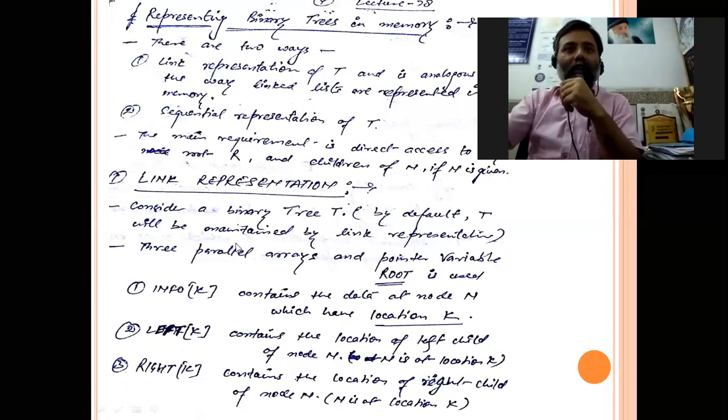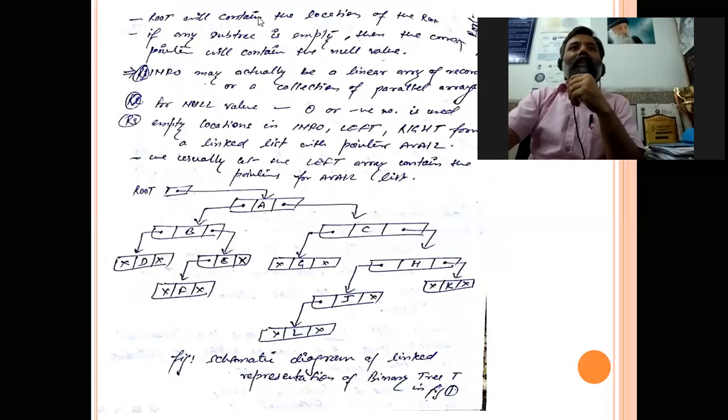So we can have three parallel arrays. This is one way, and we can use dynamic memory allocation also. This is the data field, this is the link for the left subtree, and this is the link for the right subtree. We can take a pointer root, which will contain the location of the root node.